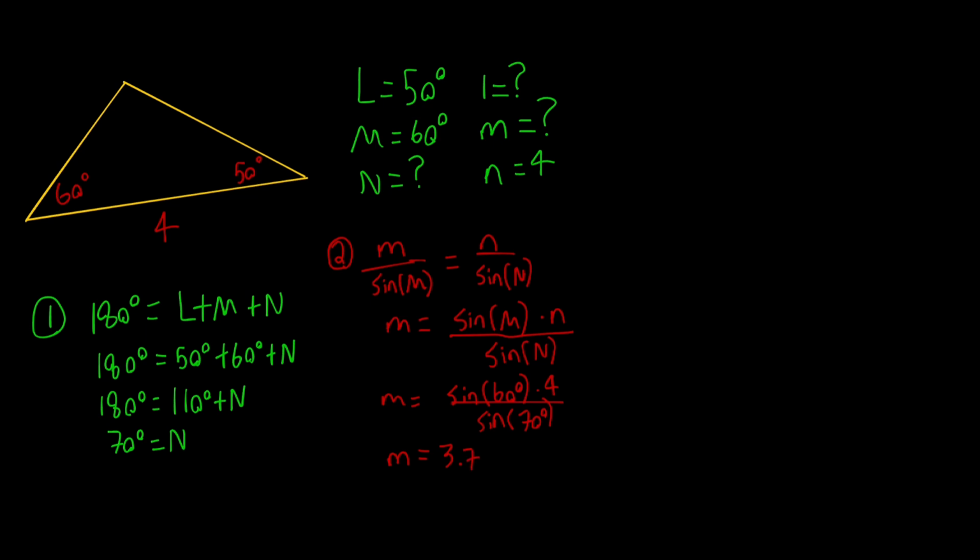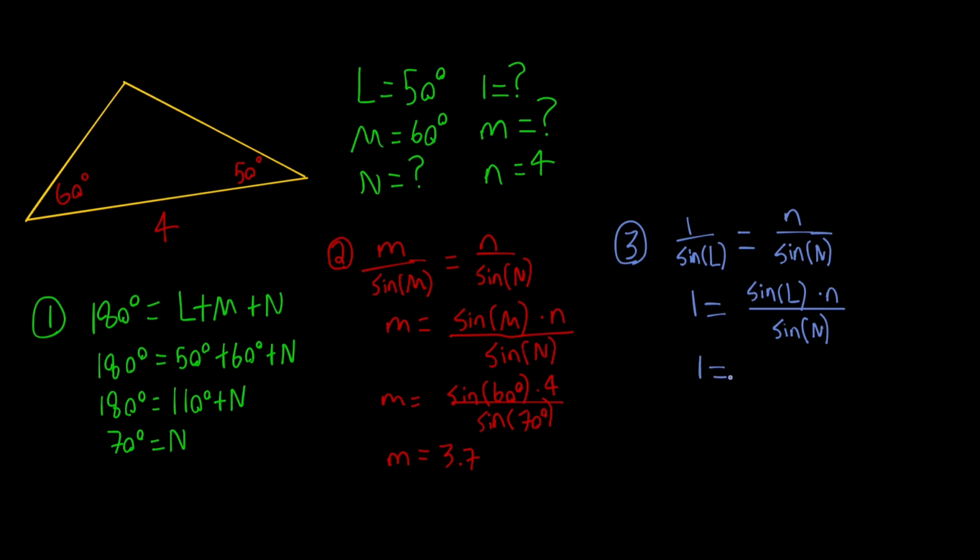And we're going to do the same solution for side L. So we'll have here that L divided by the sine of L is equal to N divided by the sine of N. So this gives me L is equal to the sine of L times N divided by the sine of N, or L is equal to the sine of 50 degrees times 4 divided by the sine of 70 degrees.